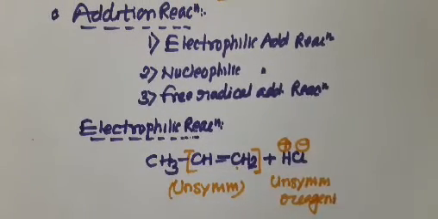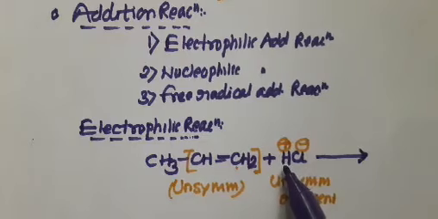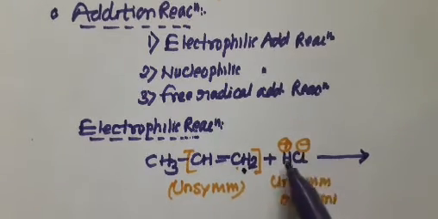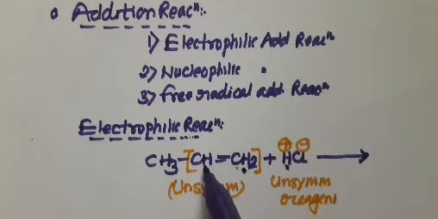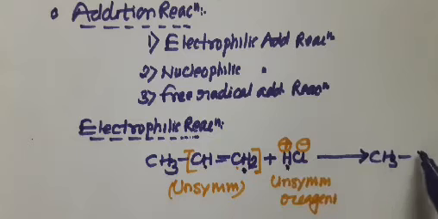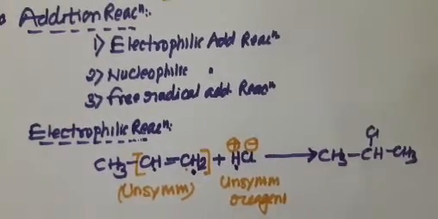Then, whenever such condition is taking place, it is important to note that the positive part of the reagent is added to that side of the double bonded carbon atom which consists of maximum hydrogen, and the negative part is attached to that side of the double bonded carbon atom which consists of minimum hydrogen, as a result of which we have this product CH3CHClCH3, and its name is 2-chloropropane.